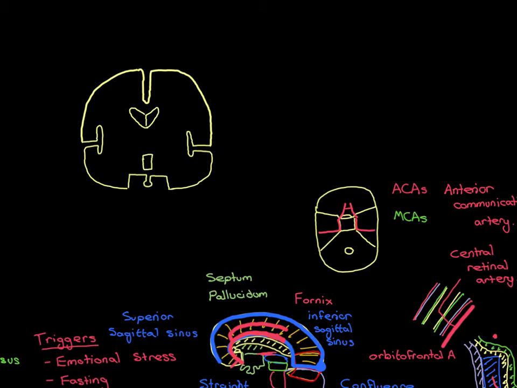To see their structure properly, you need to see them from the side. They have really fancy curved crab's claw sort of shapes, but we're just seeing a tiny little section of the anterior portion of the left and right ones. But know that they are separated down the middle here by the septum pellucidum.